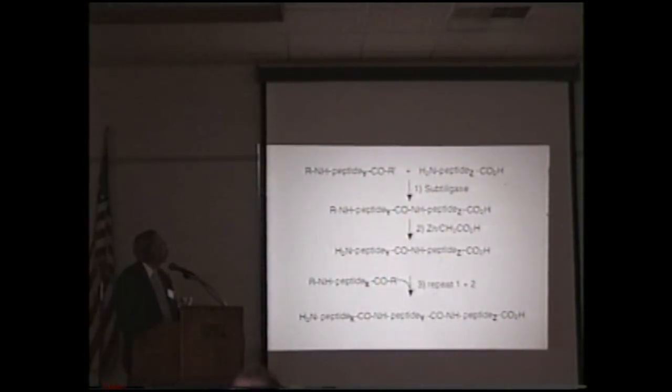And here you can take two peptides, one of them must be an ester, and put them together, then remove the amino protecting group, R in this slide, and then you have another starting unit, and you can add the third peptide using that same enzyme to build up this peptide chain.